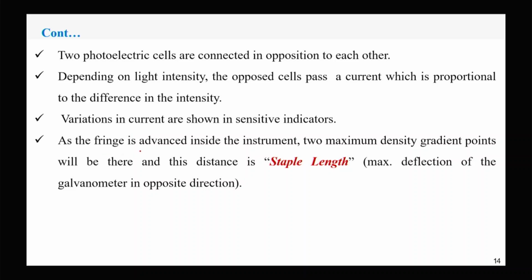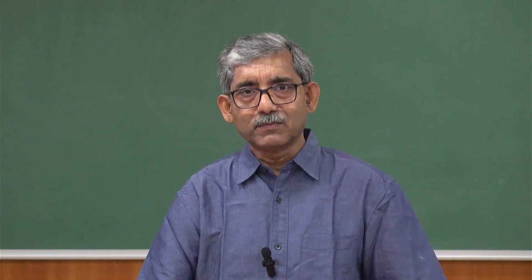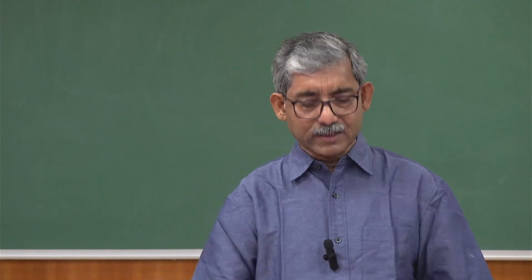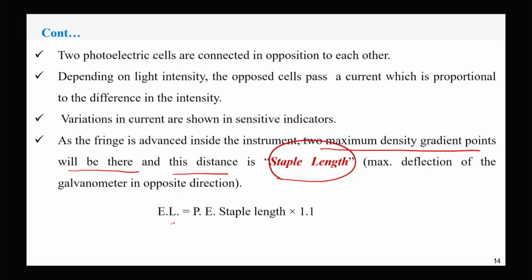The fringe is advanced inside the instrument to the maximum density gradient point, and this distance is staple length. So this is the automated version of the manual hand stapling technique. And effective length is typically 1.1 times the staple length.